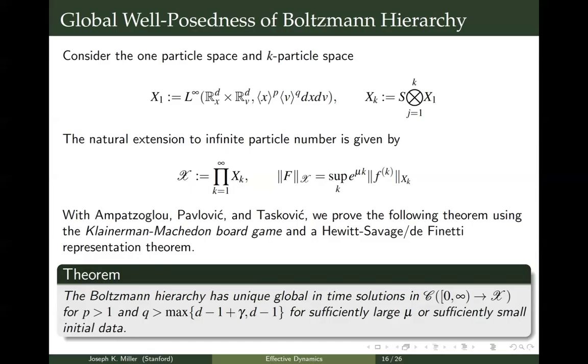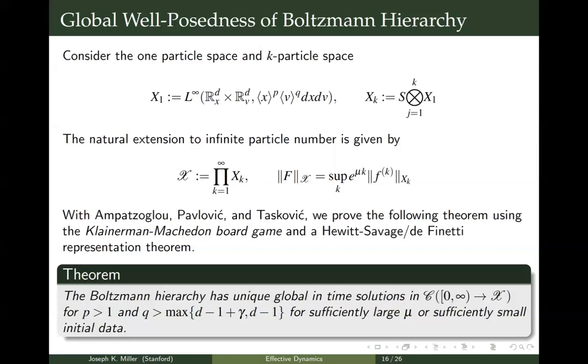The natural space that this F lives in is the product of all of these, where I'm lifting the norm on each of the spaces to the product by this weighted L infinity norm. So I'm taking the supremum of whatever the norm was of my k particle system, weighted with e to the mu k, where mu is what's called the chemical potential.